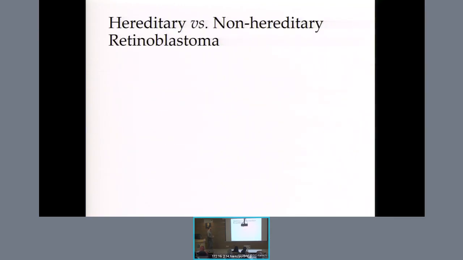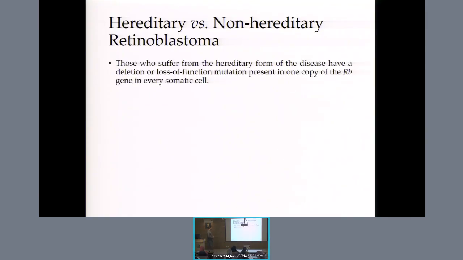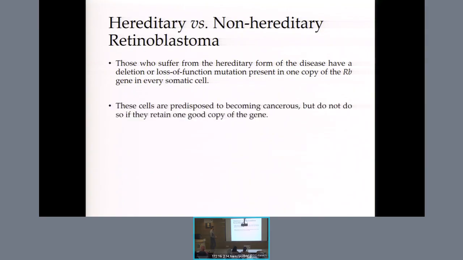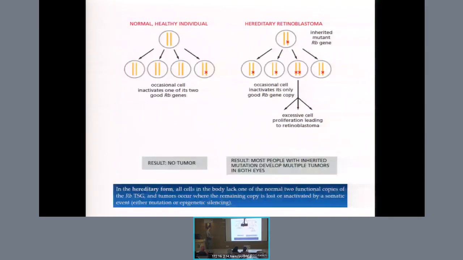So what are the hereditary versus non-hereditary retinoblastoma cases? Those who suffer from the hereditary form of the disease have a deletion or loss of function mutation present in one copy of the RB gene in every somatic cell. These cells are predisposed to becoming cancerous, but do not do so if they retain one good copy of the gene.